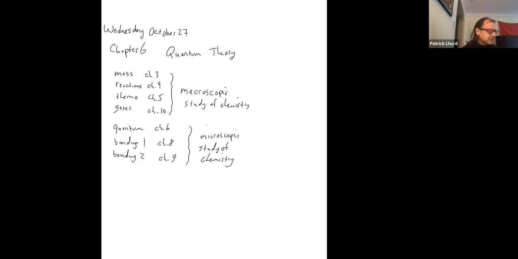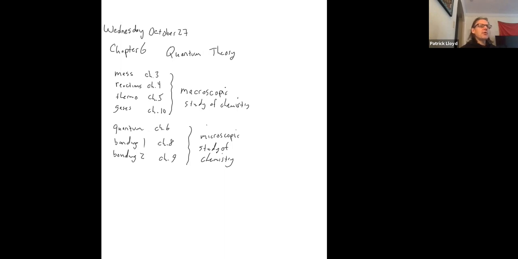And so let's take a look beginning at chapter 6. What we're going to do is we're going to start by talking about light, the light that we see with our eyes, the light that we feel in the form of heat when it strikes our skin. We're going to begin by studying light, and then that's going to lead us into thinking about waves.